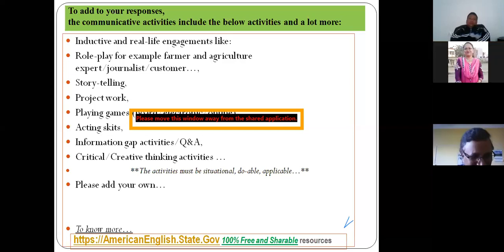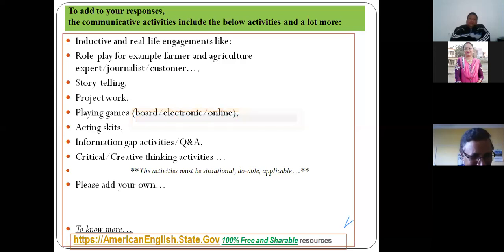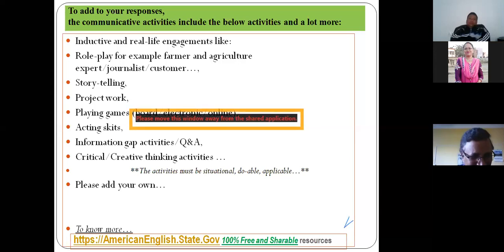And we can ask the students to do skits or drama or information gap activities, for example, question answers, and also critical and creative thinking activities. Again, to reiterate, the activities must be situational, doable by the students and teachers and with the resources also, and applicable in their real life situation.